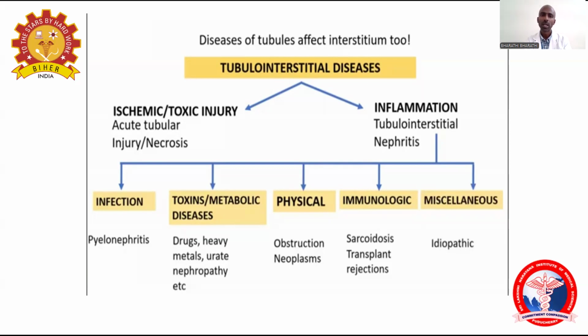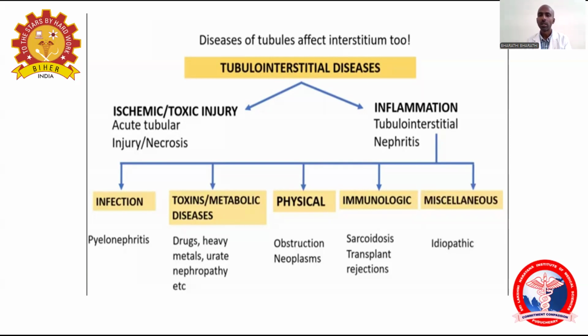As we saw in the previous slide, tubulointerstitial diseases are due to one, ischemia or toxic injury, and second, inflammation. If it is due to inflammation, we'll call it tubulointerstitial nephritis. If it is due to toxic injury or ischemia, we'll call it acute tubular injury or necrosis.